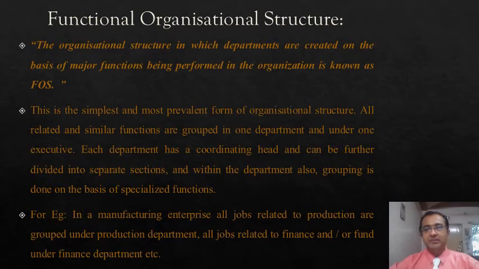And in the department itself, sometimes grouping is also done on the basis of certain specialized functions. So, if the organization is divided into departments based on the main functions being performed, then it is considered a functional organizational structure.